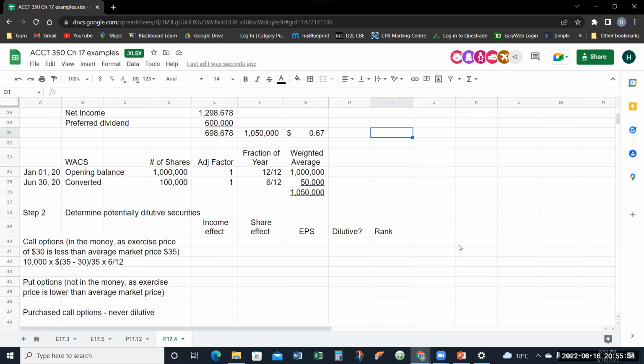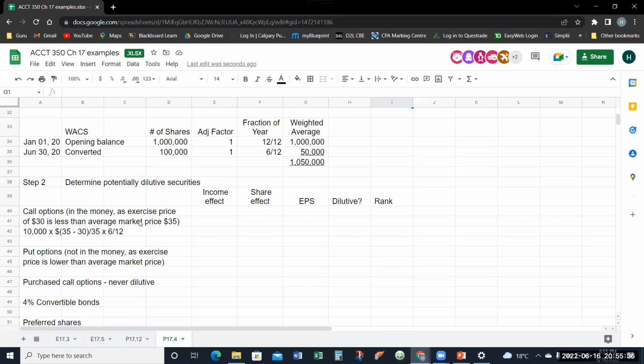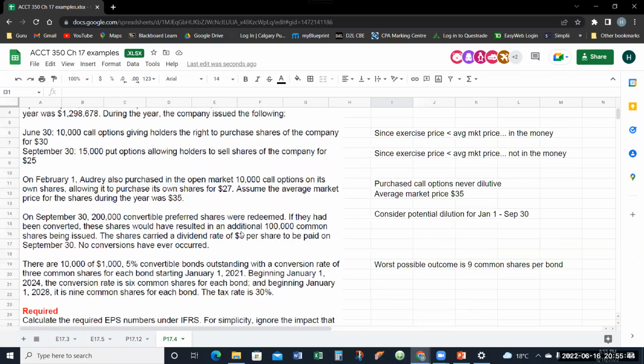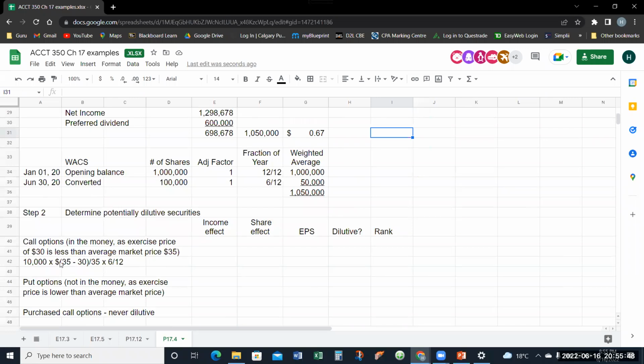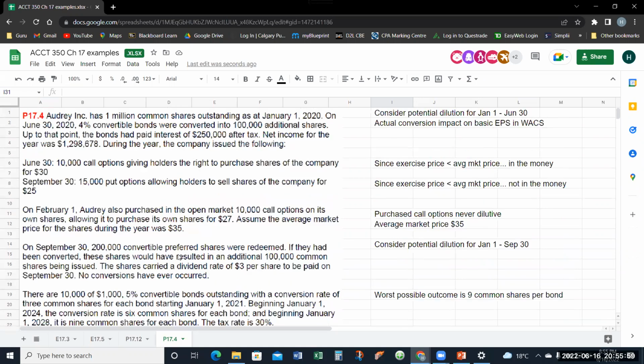And then, just to pick up a little bit of pace here, for the call options, they were in the money as I explained, so the income effect is 0, as we know. The share effect: there are 10,000 call options. Multiply that by the difference between the average market price and the exercise price, so 35 minus 30, divided by 35. Now, because these options were issued on June 30th, they weren't outstanding for the whole year.